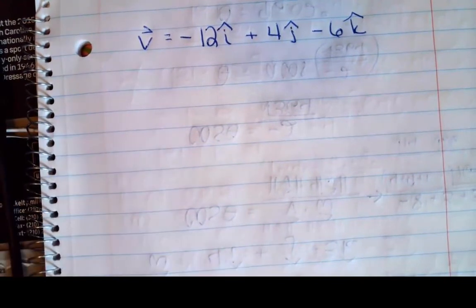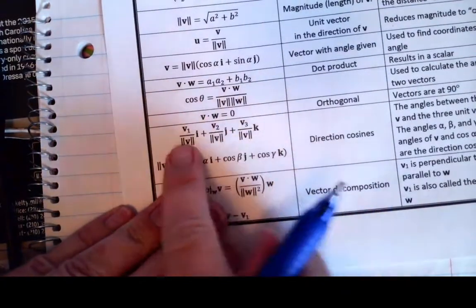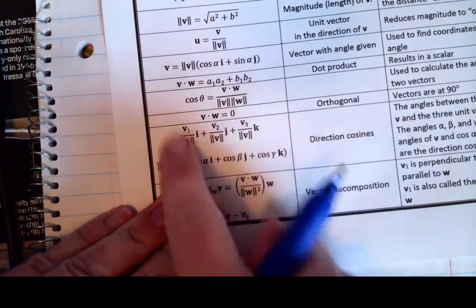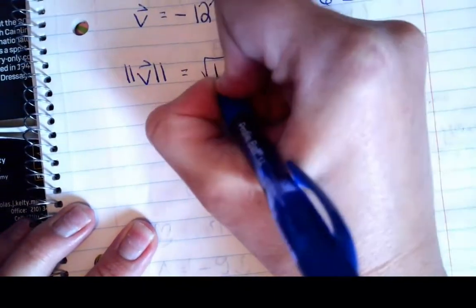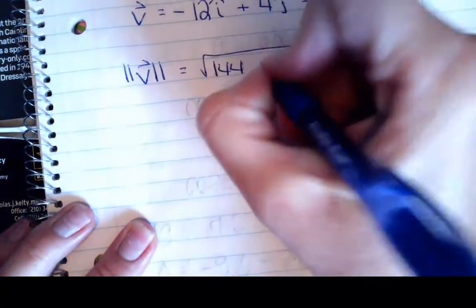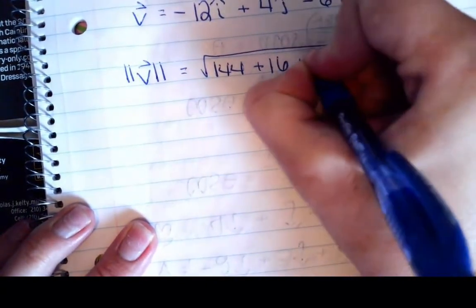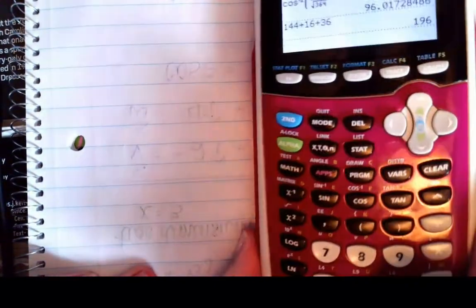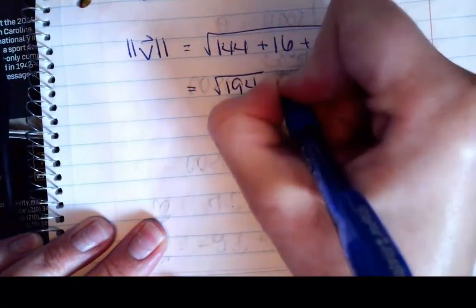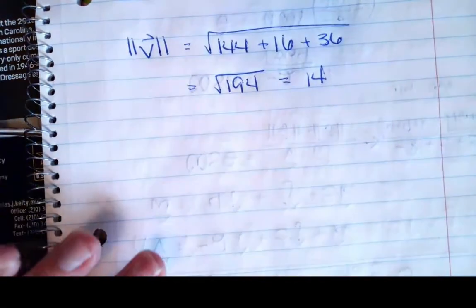So the first thing I need to do is find out what my magnitude is, and so I'm going to change this into a unit vector. My magnitude on V, and I'll explain in a second what I just did, gives me 144, because negative 12 times negative 12, plus 16, plus 36. So 144 plus 16 plus 36 is 196, and the square root of 196 is 14.